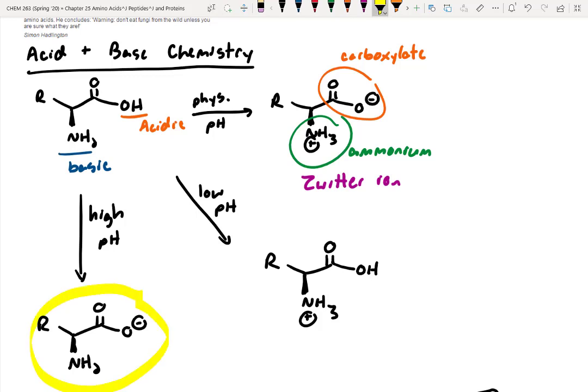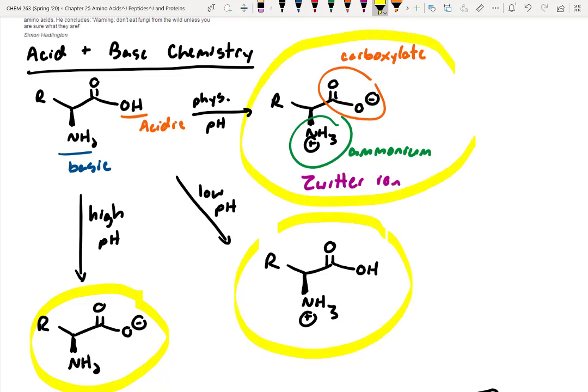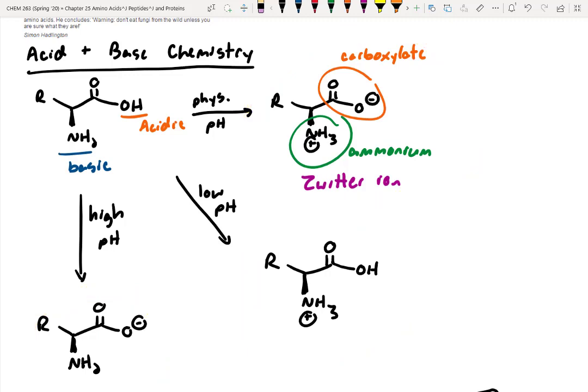Something that's an anion is going to behave very differently when you're separating it from a cation, and that's going to be very different than separating it from a neutral molecule. So if we do something like chromatography, we can separate these out pretty easily. We can even use gel electrophoresis to separate these out based on their charge.